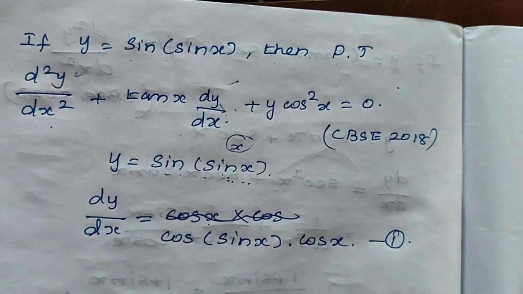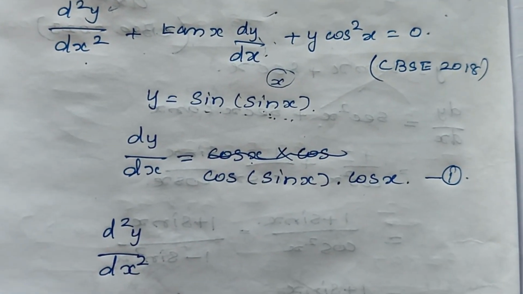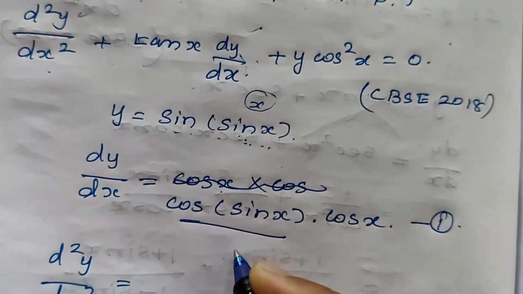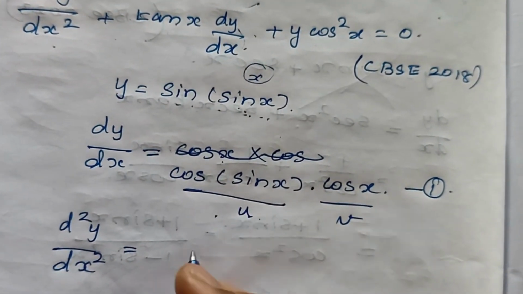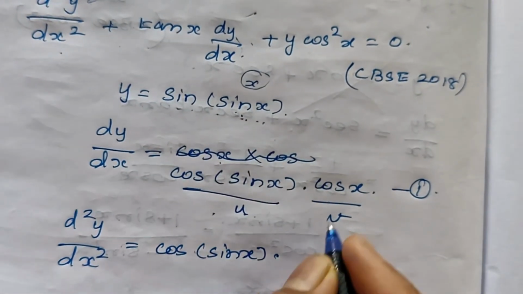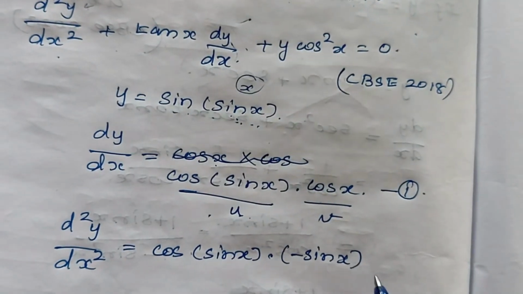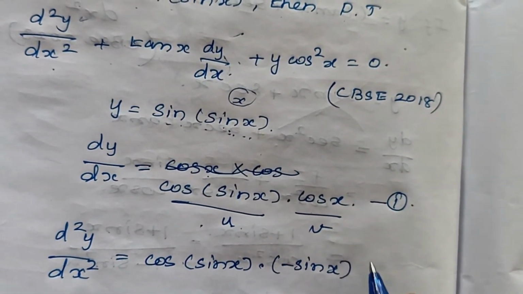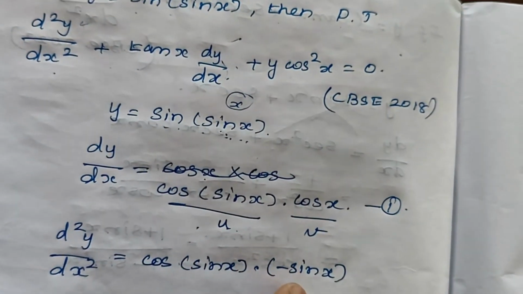Then next d square y by dx square. For that here this is u, this one is v. So first you have to keep u as constant, cos of sin x. Then differentiation of cos x is minus sin x. Next one, you have to differentiate cos of sin x.